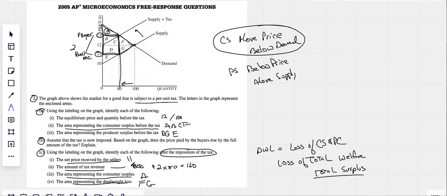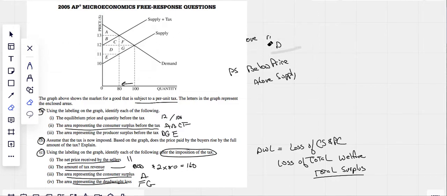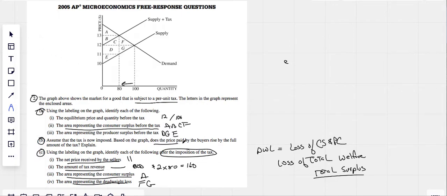All right. Let's talk about B here for just a second. And I'm going to get rid of some of this here because it's a little all over the place. Now, let's just read it first. Assume the tax is now imposed. Based on the graph, does the price paid by the buyer rise by the full amount of the tax?